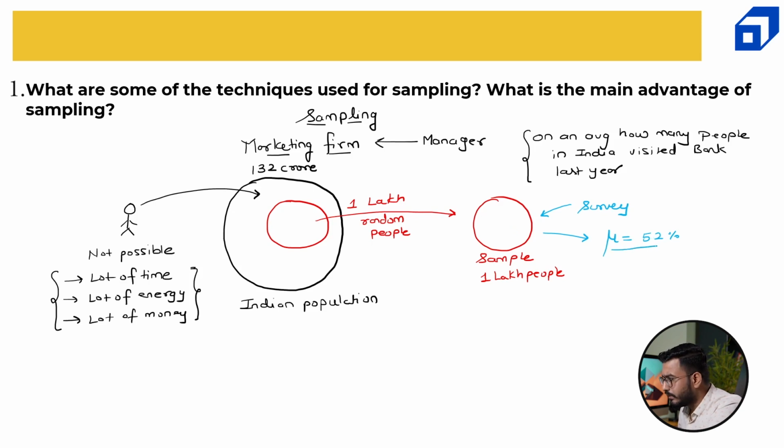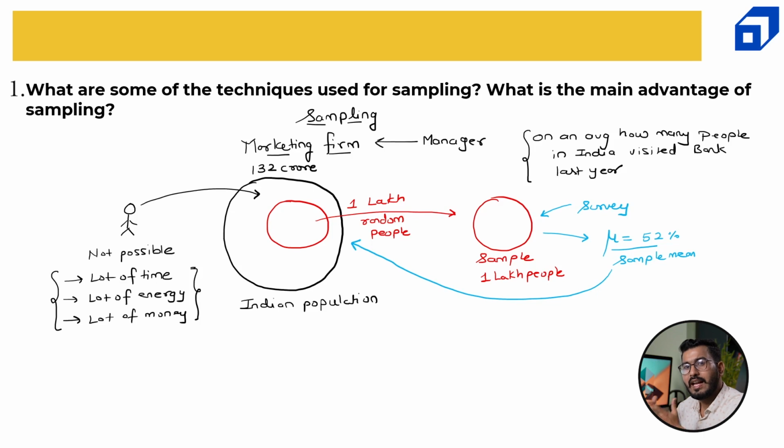Now using this average, which is also known as the sample mean, we can approximate the population mean, and this concept is generally known as inferential statistics, which we are not trying to understand at this time. But the objective of this question is to understand where to use sampling, and this is the real example of where to use sampling.